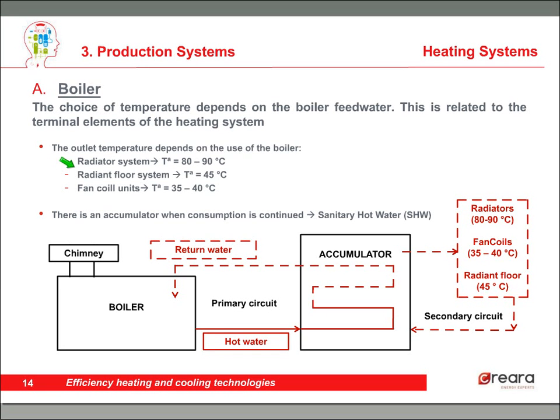If in your building you have conventional radiator systems, which normally work at 80 to 90 degrees, you're likely to select a conventional boiler. But if in your building there are radiant floor systems or fan coil units, then you're more likely to use a condensing boiler, because with this operating temperature you can take advantage of the condensing feature.